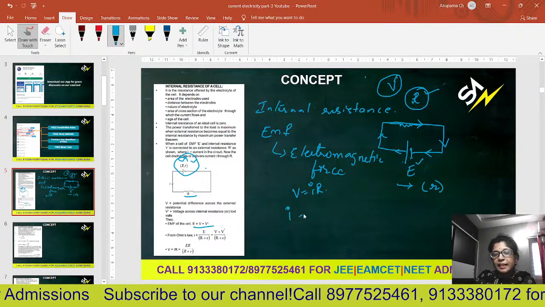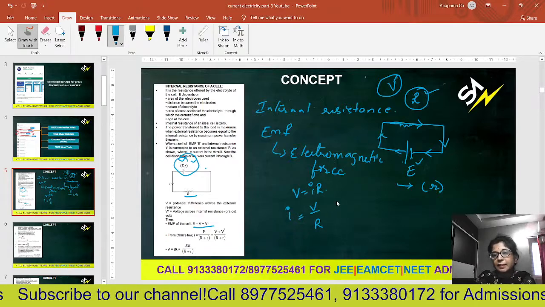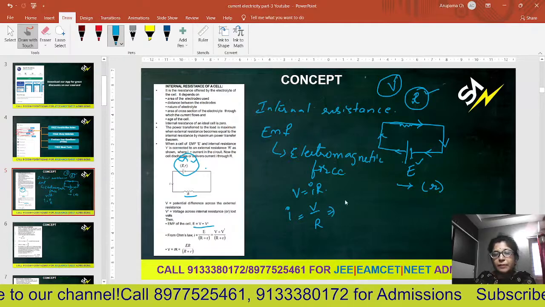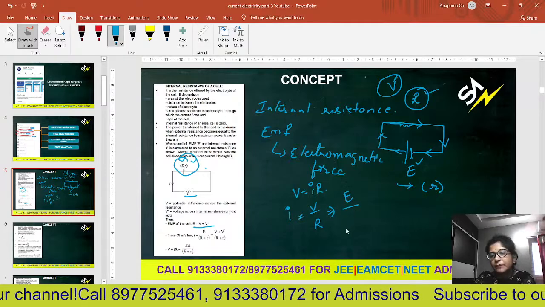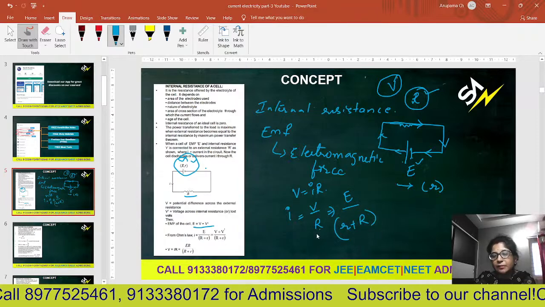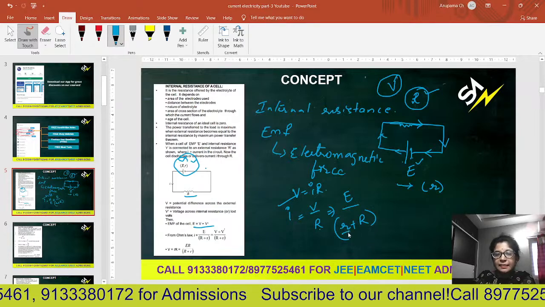That is, I can write I equals V by R. Here, we are also talking about internal resistance, so V becomes E, that is EMF, and R becomes R plus r. What is R here? This capital R is from Ohm's law, the resistance outside, the resistance of the resistor, and this small r is internal resistance.